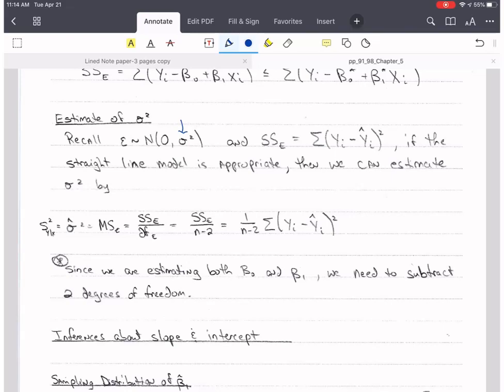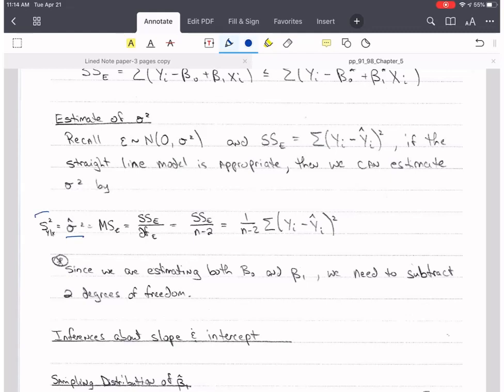This is a very important statement: if the straight line model is appropriate, then we can do this. We'll talk about testing whether it is. This estimate is only any good if the model is significant, or valid, if you want to say it that way.